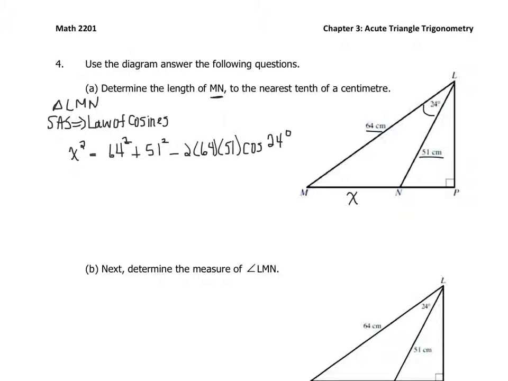So if we work that out, we get 64 squared is 4,096, and 51 squared is 2,601, and then 2 times 64 times 51 times the cosine of 24 is 5,963.6247 approximately, and then we add those up.